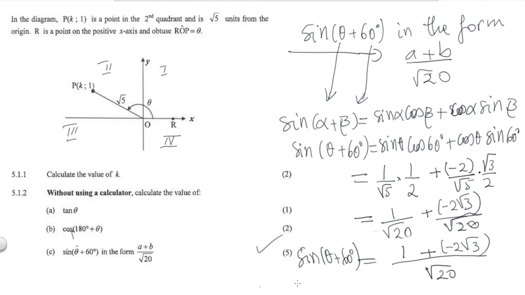So this is exactly the question they ask us, in the form a plus b over square root 20. So our a is going to be 1, and our b is minus 2 square root 3, all over square root 20.